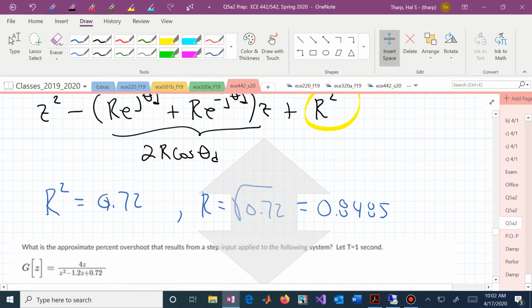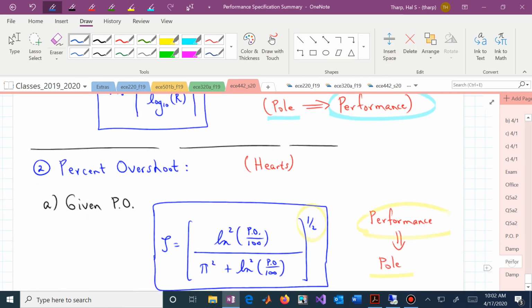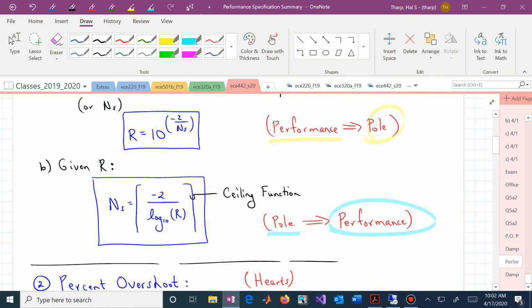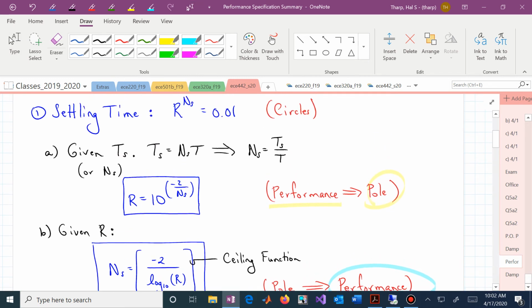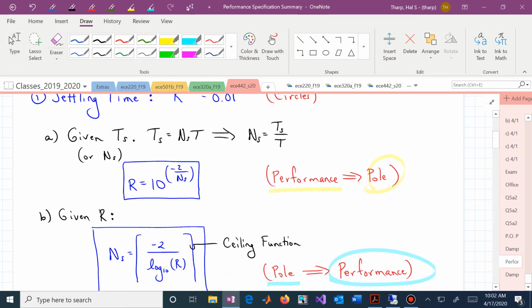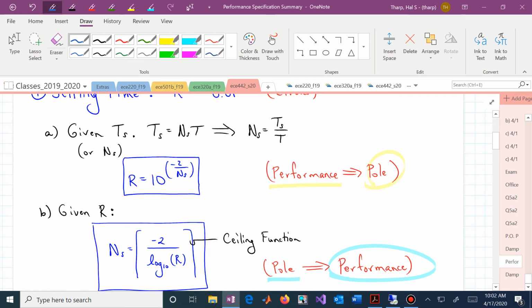Now what do we do? Well, now we can go back to this relationship. If we're given a pole and we're interested in settling time, we're given r's value, its magnitude. We can plug it into this formula to find how many sample periods it's going to take before we settle.